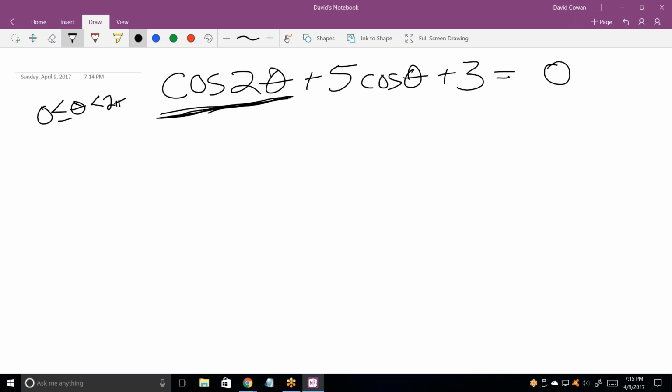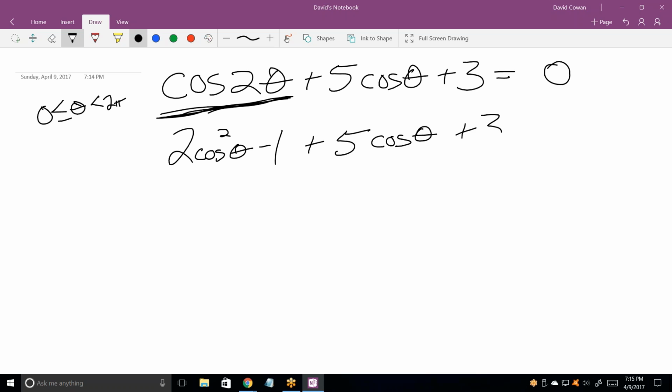What should it be? 2 cosine squared minus 1. That's why they give you 3 identities for cosine of 2 theta. It's because frequently you need all 3 of them, depending on the nature of the problem.